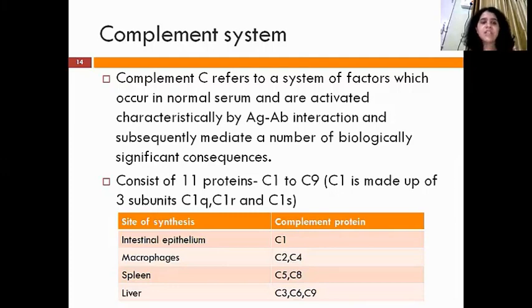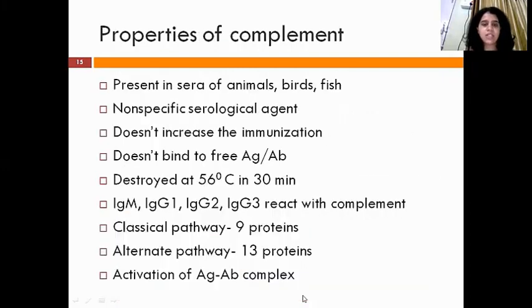Usually it consists of 11 proteins, C1 to C9, and C1 is made up of 3 subunits, that is C1q, C1r, C1s. So that's why the total count comes to 11. Here you can see the different sites of synthesis: C1 is synthesized in intestinal epithelium, C2 and C4 in macrophages, C5 and C8 in spleen, and liver for C3, C6, and C9.